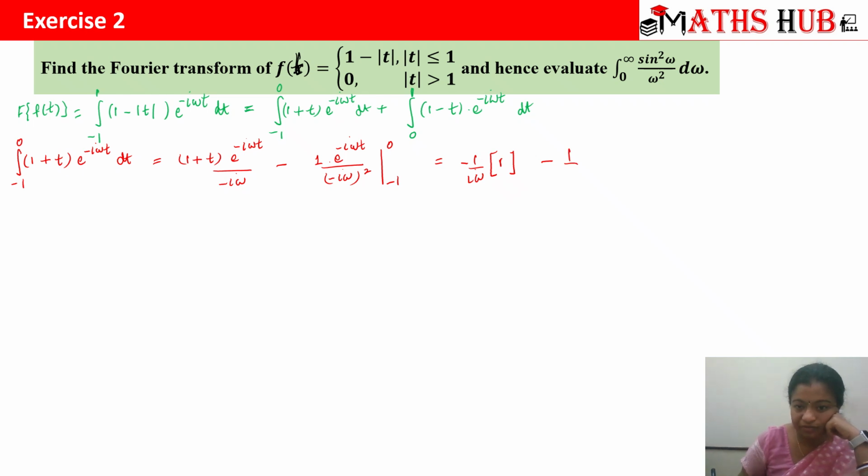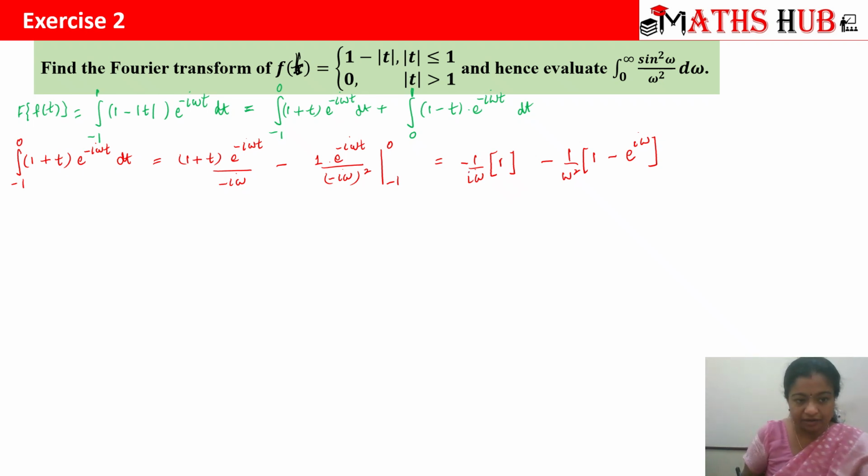So it will be minus 1 by omega square. With 0, e power 0 will become 1. With minus 1, it will become e power, put minus 1, so minus i omega into minus 1, so it will be i. Done? Okay.